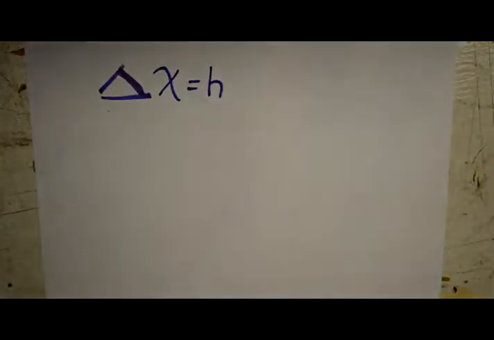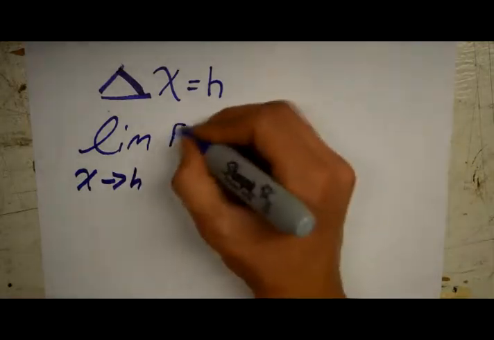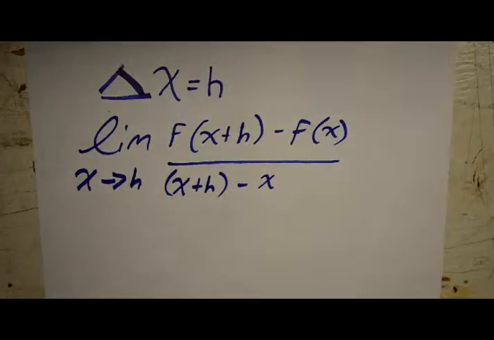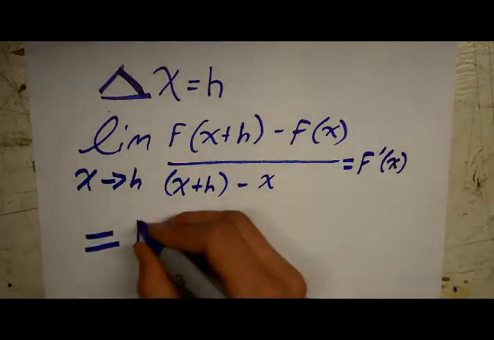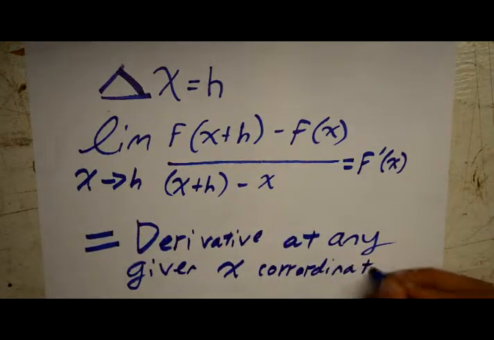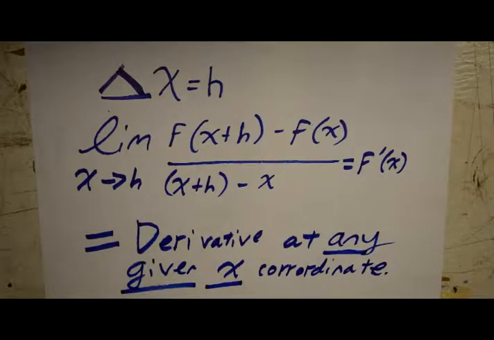If we simplify this equation and substitute delta x with h, we end up with the definition of the derivative. And this is a really powerful tool, because we can plug any point of x into this equation, and we'll get the slope of the tangent line at that given point.